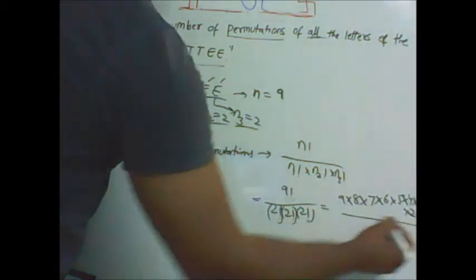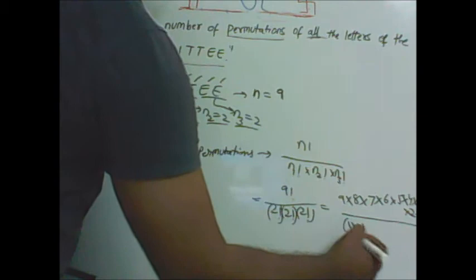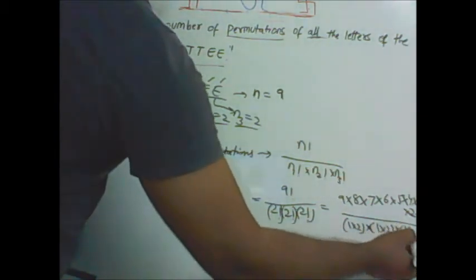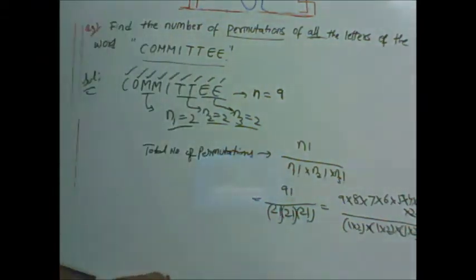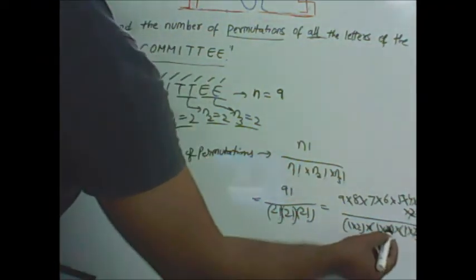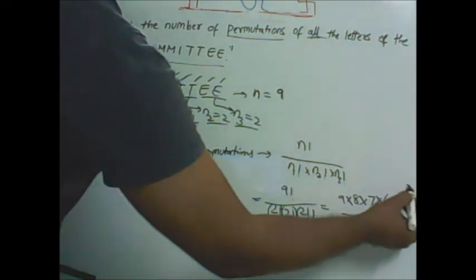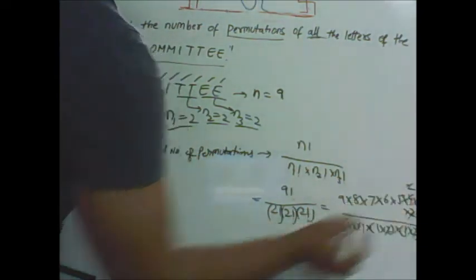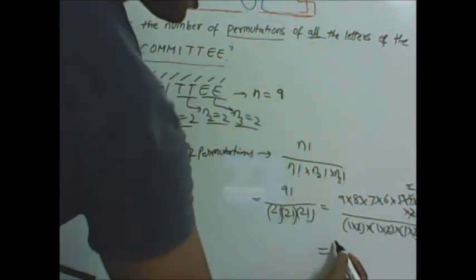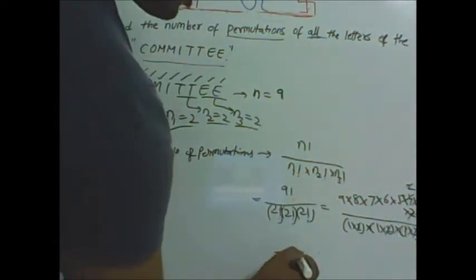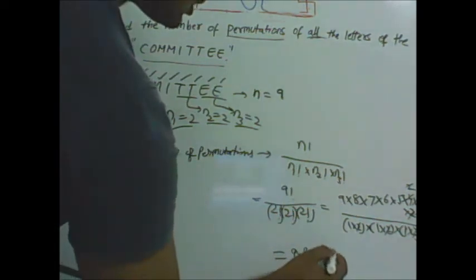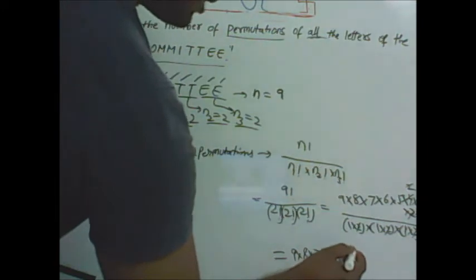Again, these 2's are cancelled and this 2 is cancelled. When we multiply 9 into 8 into 7 into 6 into 5 into 3, we will get the answer as 45360. So you can check that later.